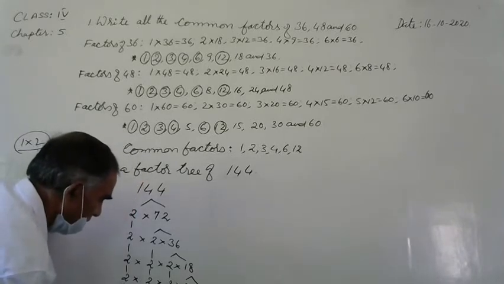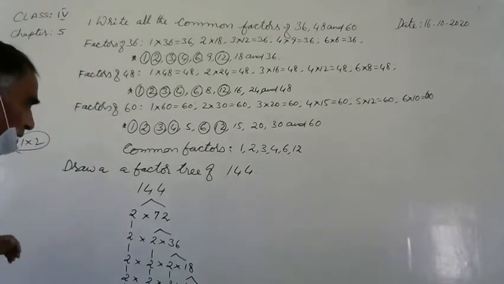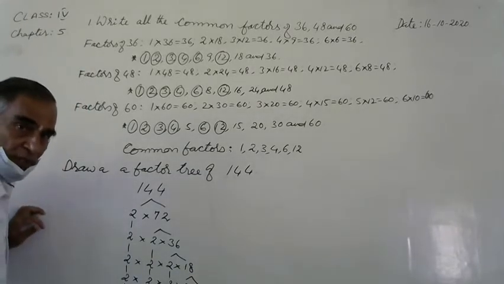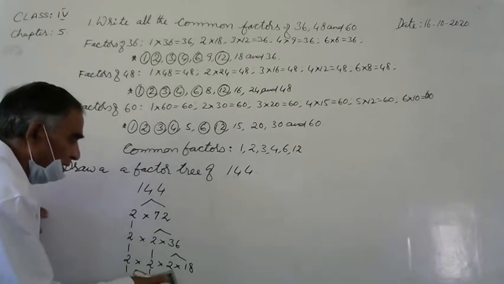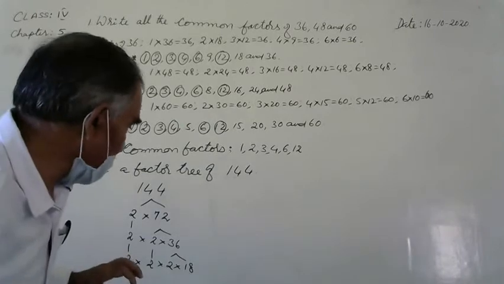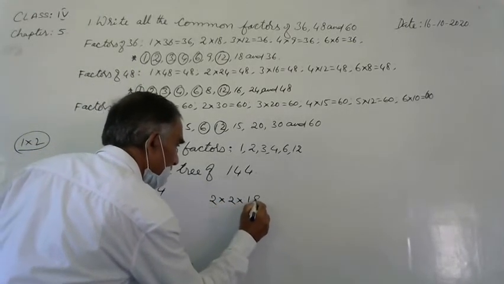2 into 2 into 2 into 2 9s. Here 2 9s are 18. Here you see that after this line I am not writing there, as it is not visible on the screen. Okay. Here 2 into 2 into 18.